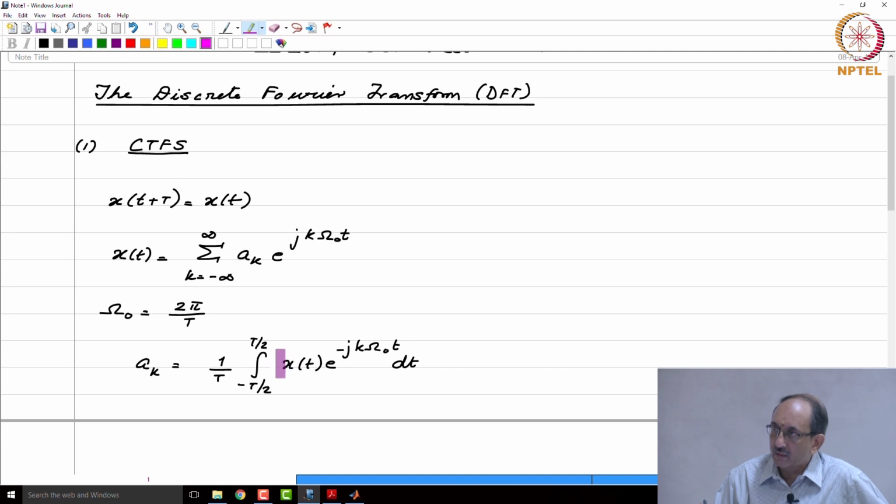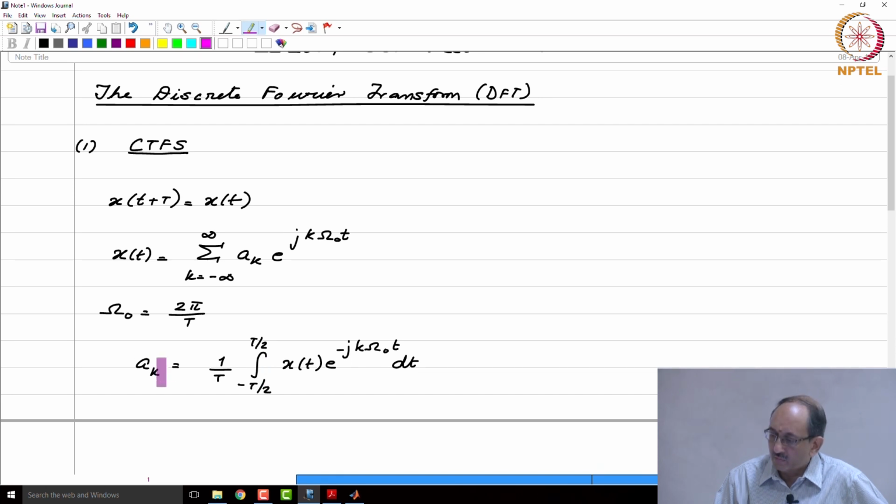The limits of the integral are between minus T by 2 to plus T by 2, or between 0 to T. Remember, y of t is our basis function, e to the j k omega naught t, which is why you have e to the minus j k omega naught t here, because this minus comes from complex conjugation.